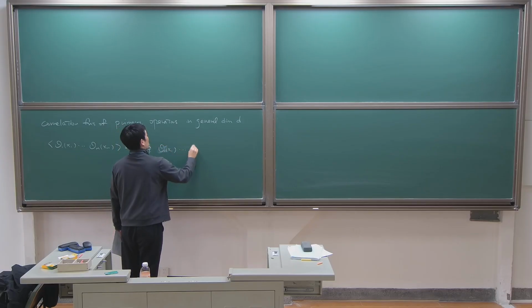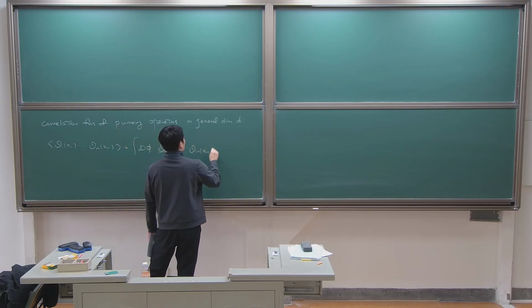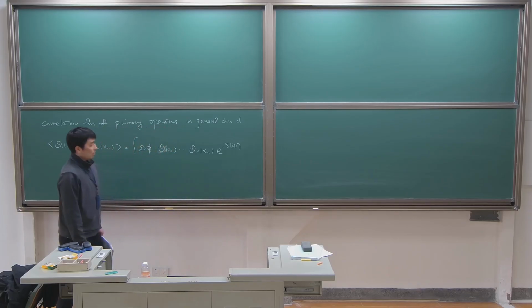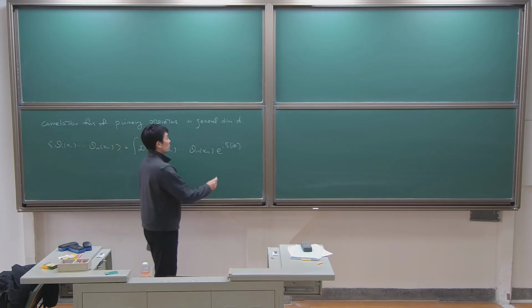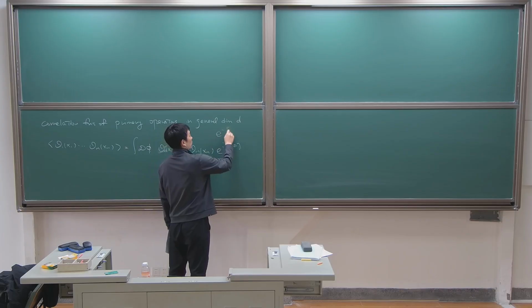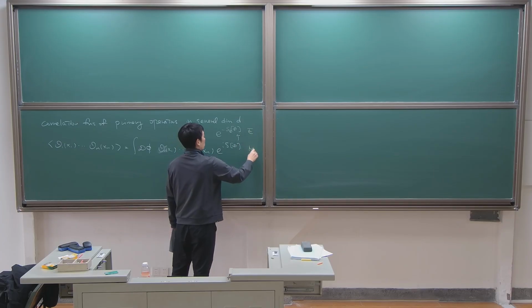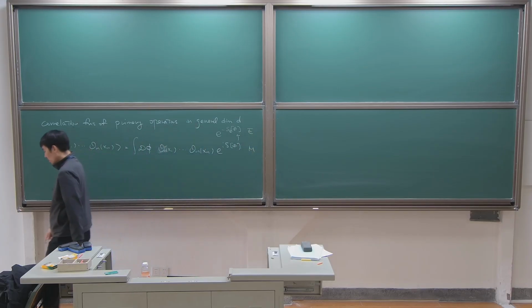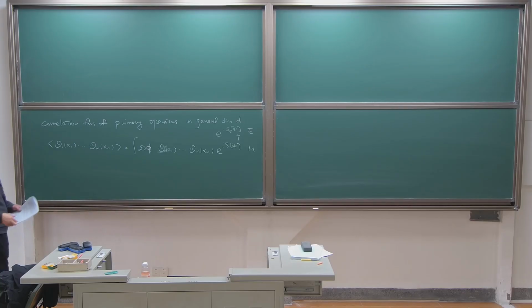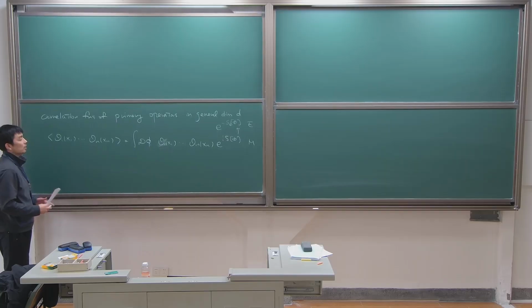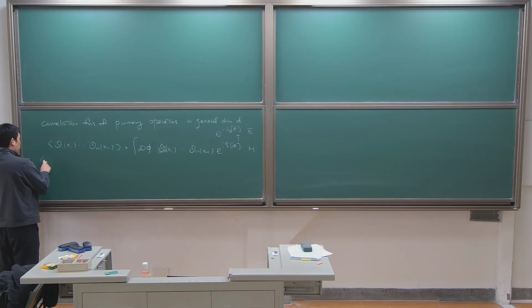You consider the path integral. Whether it is Euclidean or Minkowski, either is okay, using Wick rotation. We consider this kind of correlation function, and then we consider conformal invariance.